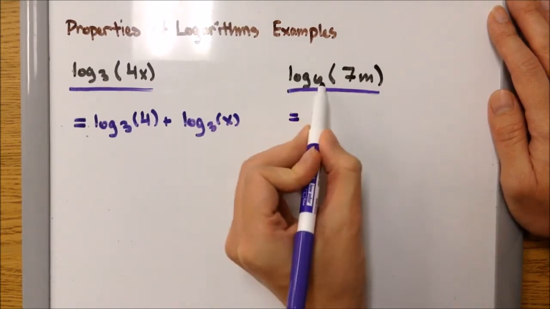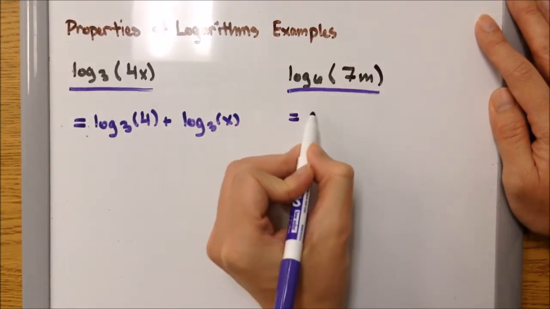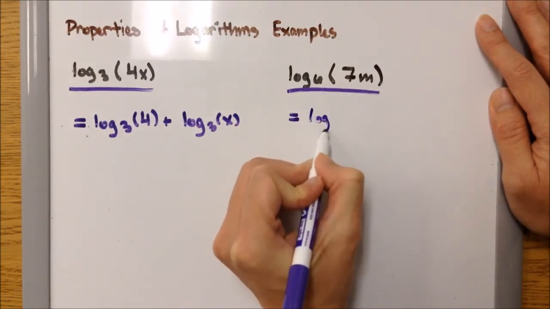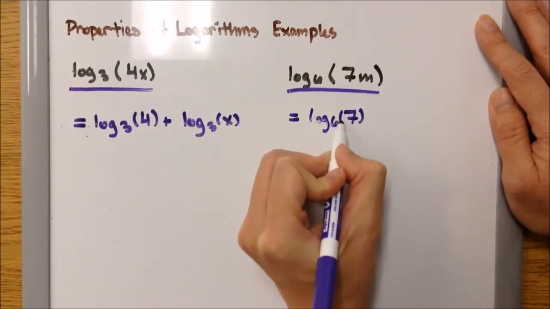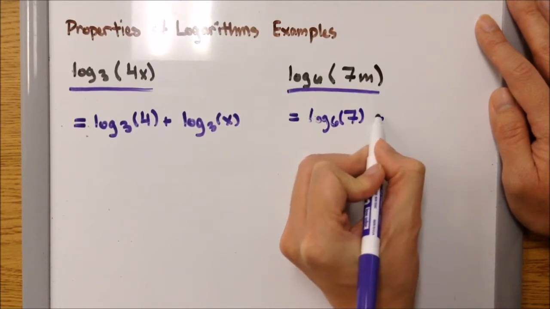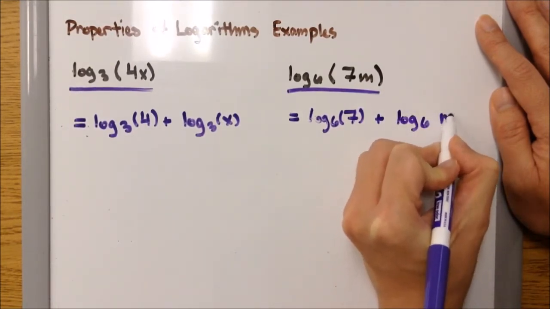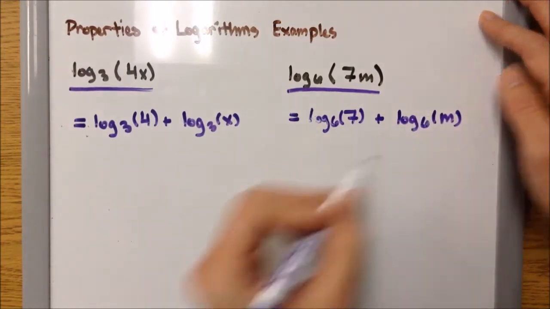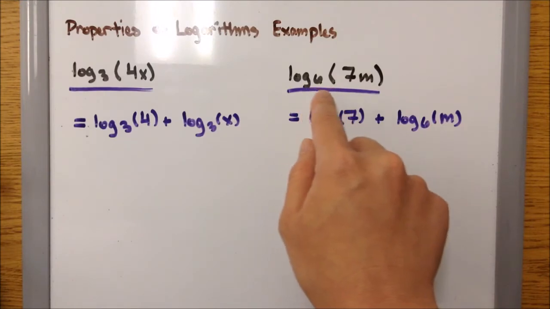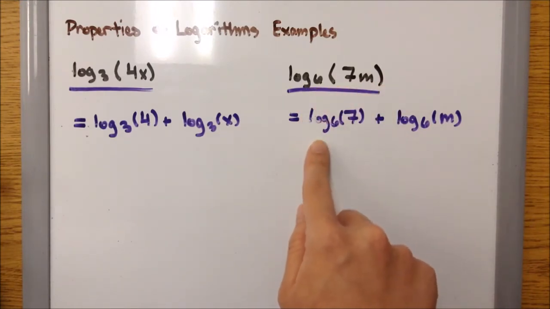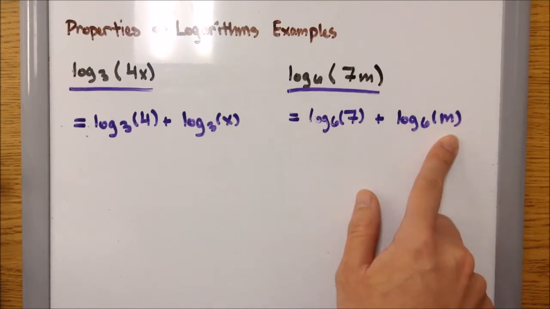So log base 6 of 7m can be rewritten as log base 6 of 7, and again, I wrote 7 because that came first, plus log base 6 of m. And then that's all you can do. So again, I just rewrote log base 6 of 7m as log base 6 of 7 plus log base 6 of m using the product property.